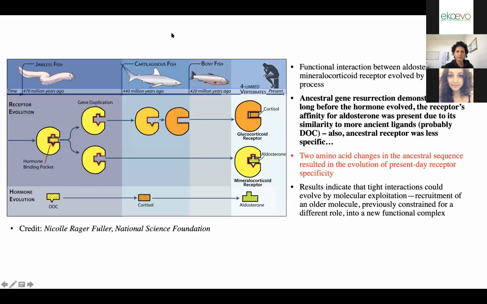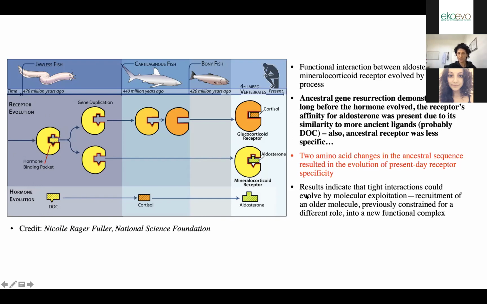Here is a very nice figure that summarizes everything. This is the first receptor, not specific, affected by, as I told, aldosterone, cortisol, and also DOC. This is the time period, 470 million years ago, of the jawless fish called hagfish and lamprey. At first, this receptor was affected by DOC, aldosterone and the cortisol hormone.